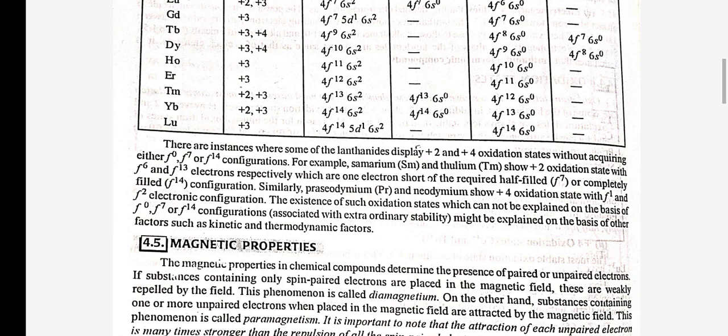Similarly, praseodymium and neodymium show the +4 oxidation state with f1 and f2 electronic configurations. The existence of such oxidation states, which cannot be explained on the basis of f0, f7 or f14 configurations associated with extraordinary stability, might be explained on the basis of other factors such as kinetic and thermodynamic factors.